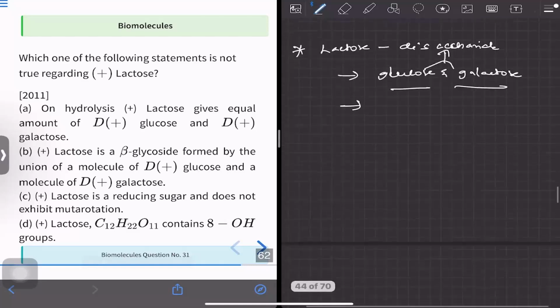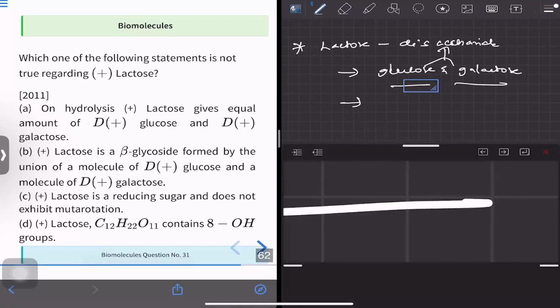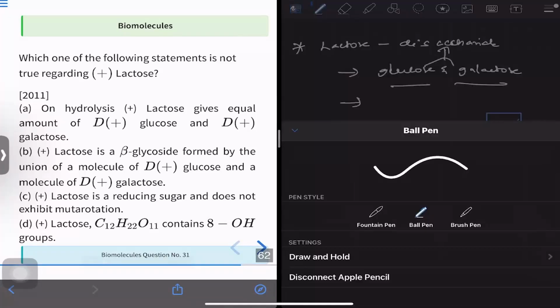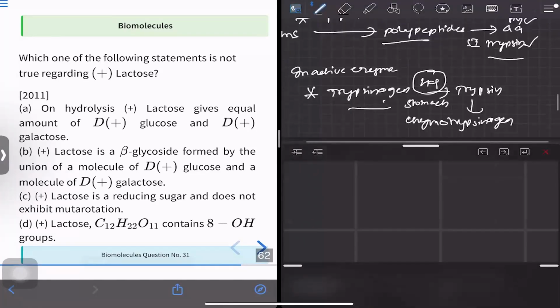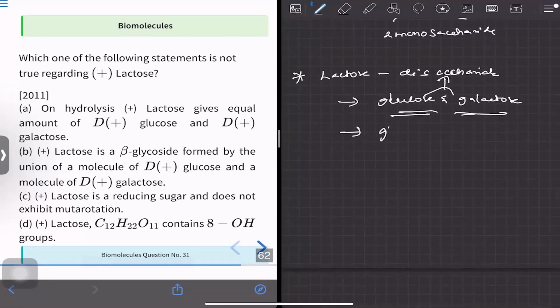Let's see the structures of glucose and galactose. These are 6-carbon molecules. Glucose is a 6-carbon molecule. How are these formed? The bond between glucose and galactose is a glycosidic bond.